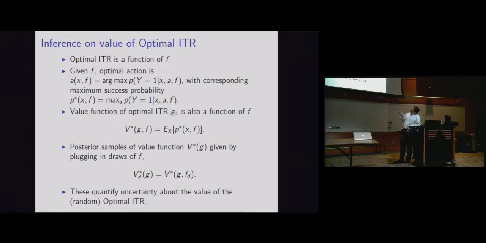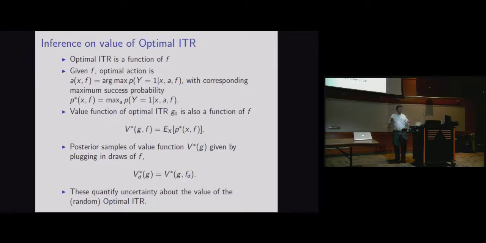The optimal action or optimal treatment is the argmax of the probability of success given covariate X, treatment A, and a particular F. And this has a corresponding maximum success probability of P star of X and F, which is the maximum over A of the predictive probability given X, A, and F. Okay, so that's what the optimal ITR is.